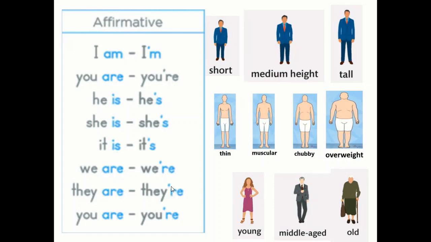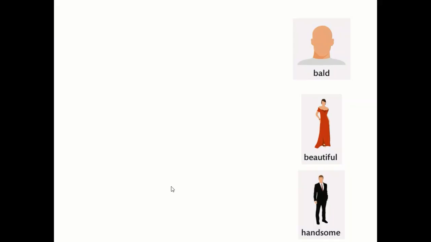He is chubby. They are young. We also use the verb to be to describe other physical features. For example, bald, beautiful, or handsome. Let's see some full examples.